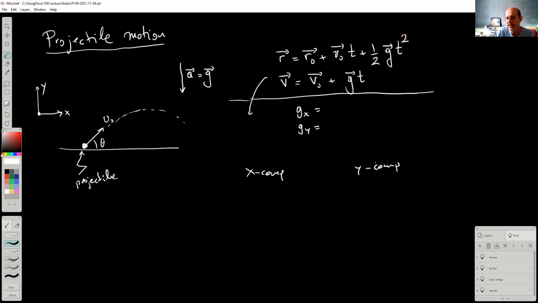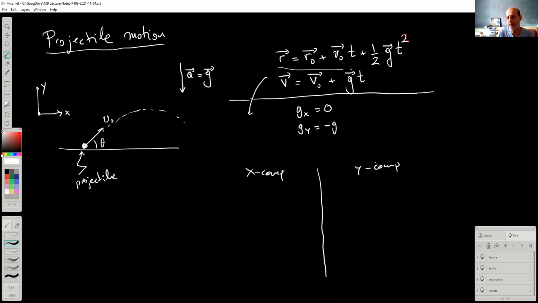For the vector g, since it is vertically downward and the x-axis is horizontal, the x component is 0. And since the y-axis is pointing upward but g is pointing downward, the y component of the gravity is equal to minus g.